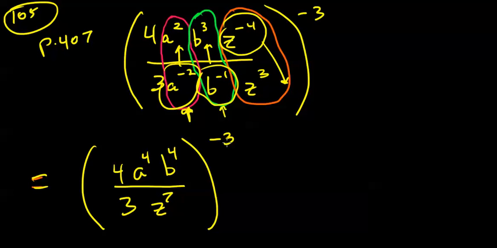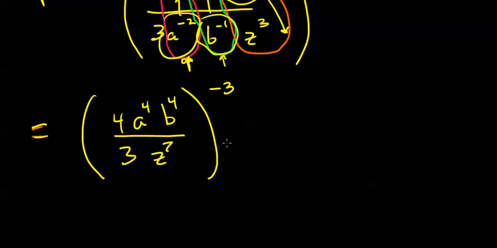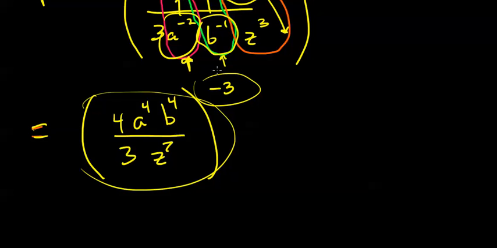Alright, so notice I have not applied that outer exponent yet. All I've done is simplify the fractional base expression. Of course, I'll notice now I've got a fractional base raised to a negative exponent.